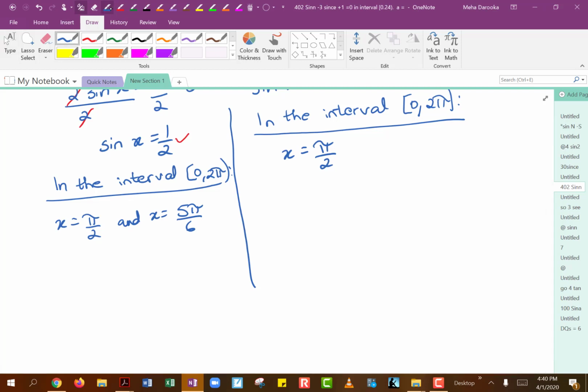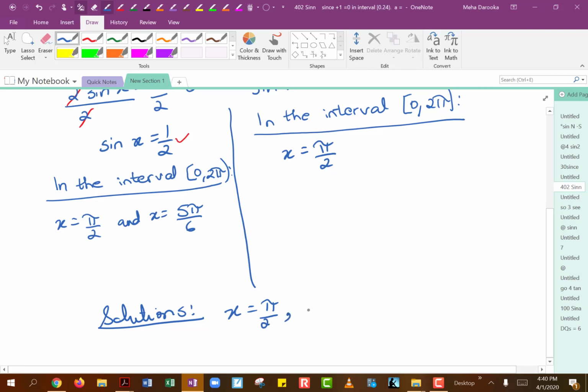So your solutions for this example are going to be x equals pi halves, x equals 5 pi over, oh, hold on a second. And x equals, oh, I just realized what I did. This guy should be pi over 6.